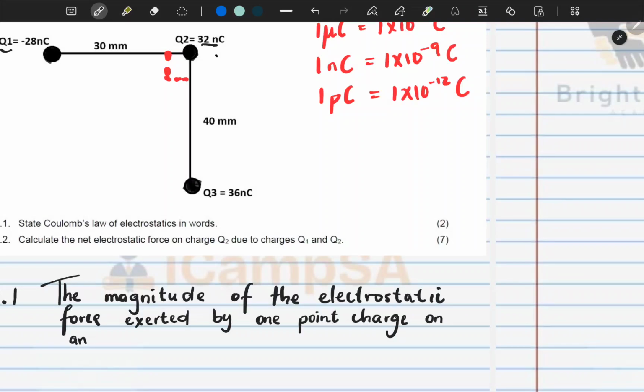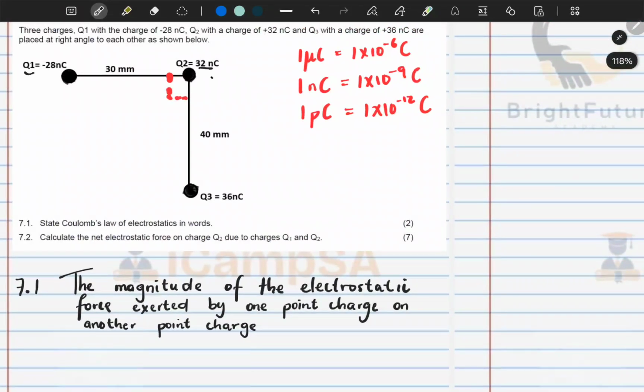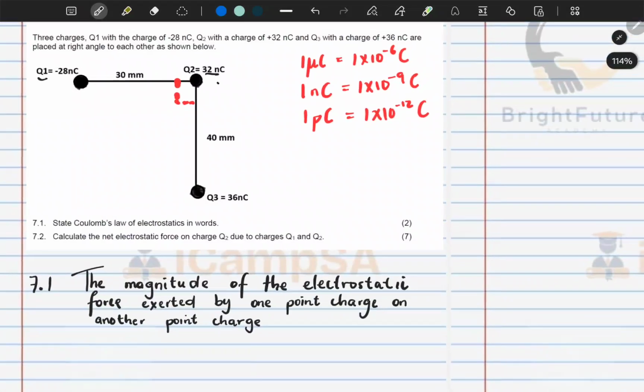This is Q1, and the other point charge is Q2. It's a very long definition. Well, when I write it, it looks long, but it's actually very short when you memorize it.